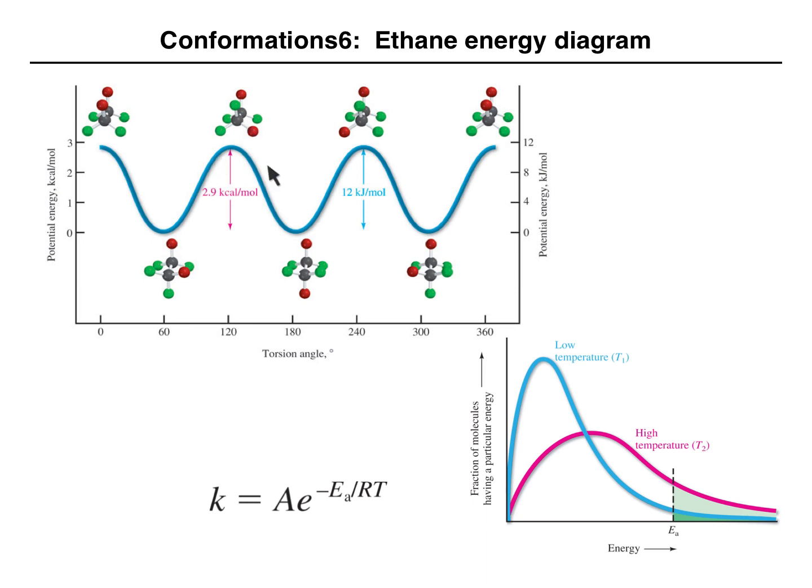Continue rotating and we get to another staggered conformation, low energy. Continue rotating, we get to another eclipsed conformation, maximum energy. Continue rotating, we get to another staggered conformation, minimum energy.